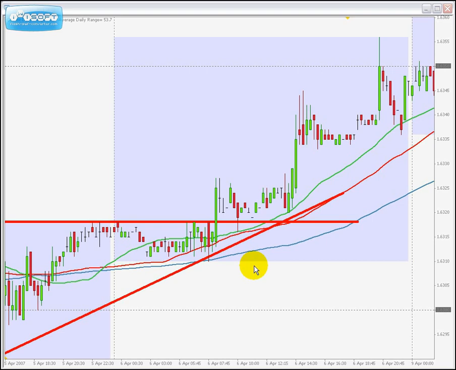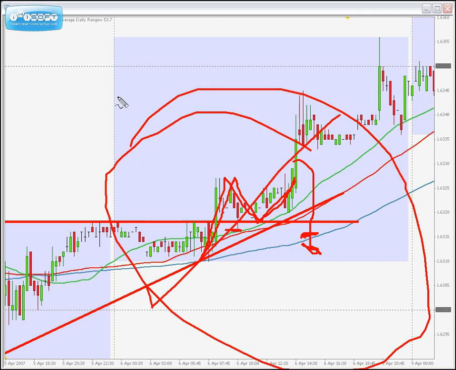Just ask yourself, why am I taking this trade? Why am I pushing the buy or sell button at this precise moment? Well, I am pushing the button because of this breakout formation, nothing else. That's the very reason why I'm pushing the button. If this event is violated, if price retraces and makes a lower low, I'm interested in this setup no longer, so I am out of the trade.